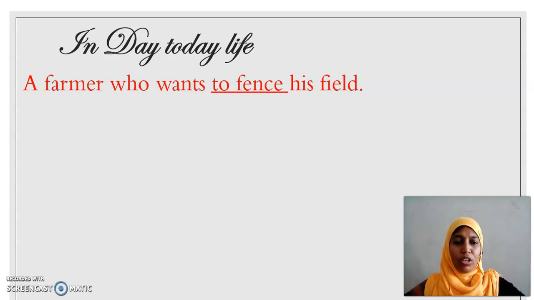We make compound walls, no? Fence. In homes we have compound walls. Likewise in a very big farming field, they have layers of rods or wooden sticks, some logs of wood. Many things are used to make a fence. Hope you are clear with the word fence.